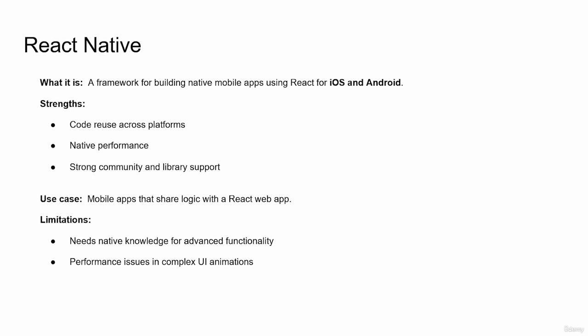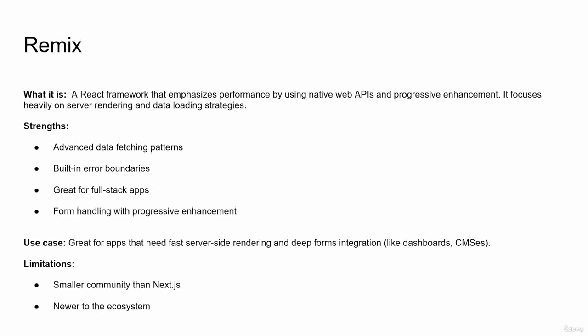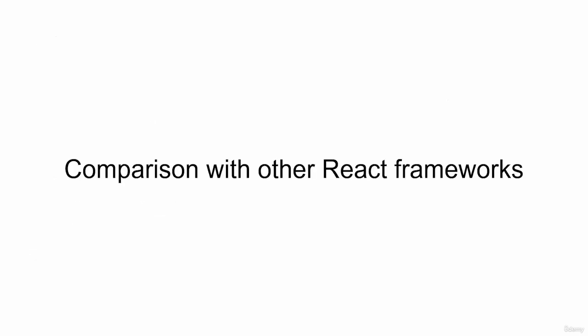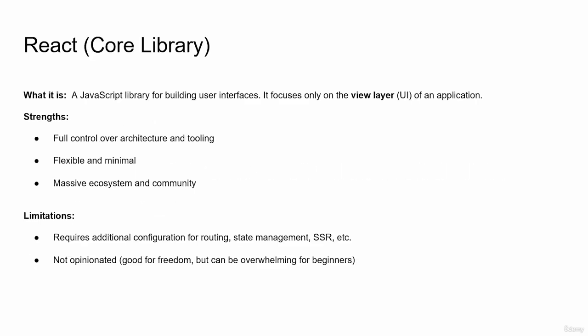And understanding the React Native use case: mobile apps that share logic with the web. And the limitations of React Native: sometimes you need native knowledge for advanced functionality, and there are performance issues in complex UI animations.